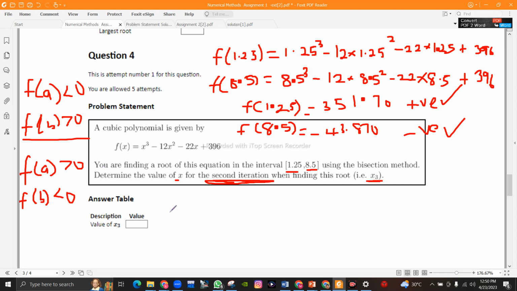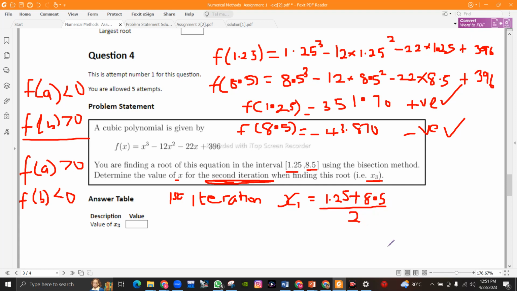So our first iteration. Now we'll bisect the roots. That's x1 equals 1.25 plus 8.5 divided by 2.